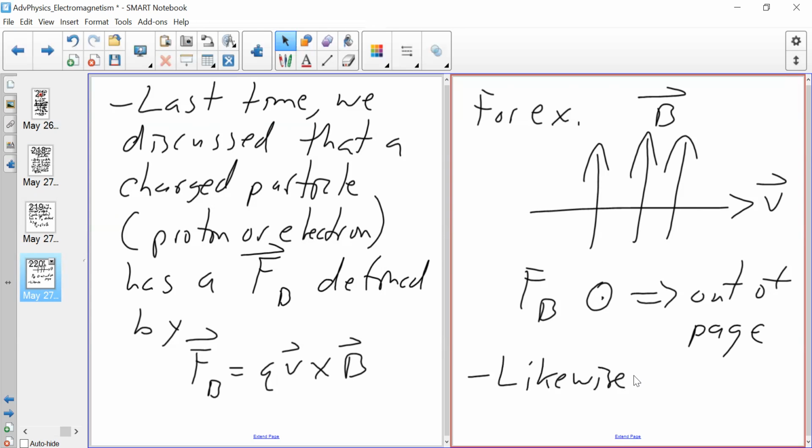So likewise, we saw that the magnetic force on a current carrying wire is given by the magnetic field times the current through the wire times the length of the wire.